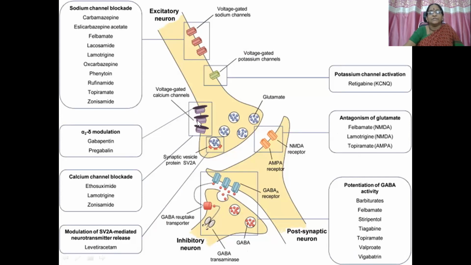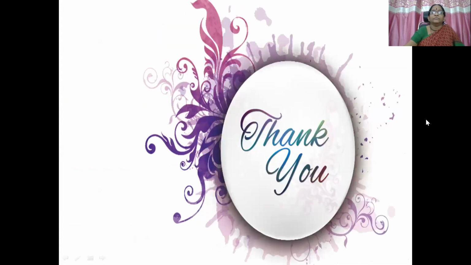That is through calcium channel blockade. Sodium channel blockade, calcium channel blockade, and potassium channel activation: these are the three channels that are involved. The neurotransmitters are GABA and glutamate. So this is the final diagram. Thank you, one and all.